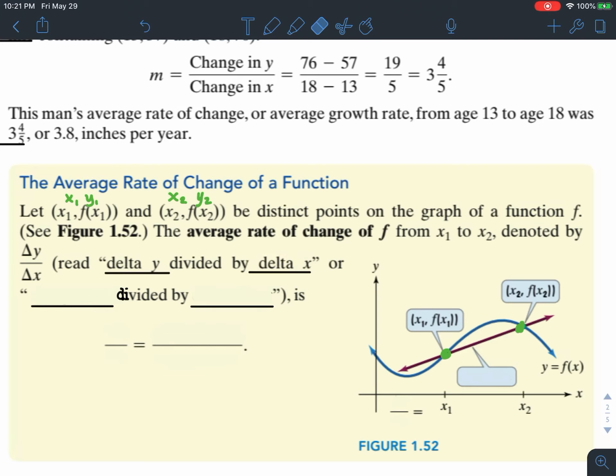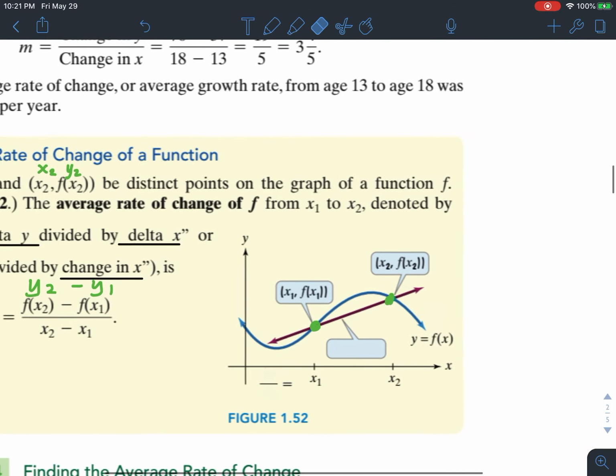But delta in math means change in. So change in y divided by change in x. So delta y over delta x, the change in y over the change in x, equals, but again, this is just fancy. This is y2 minus y1 over x2 minus x1. This is just slope.